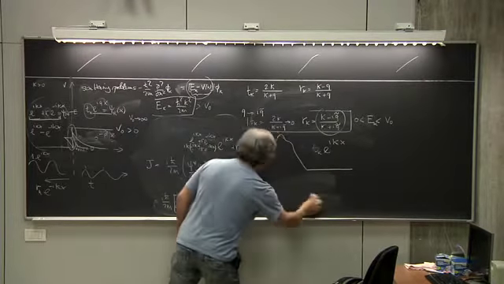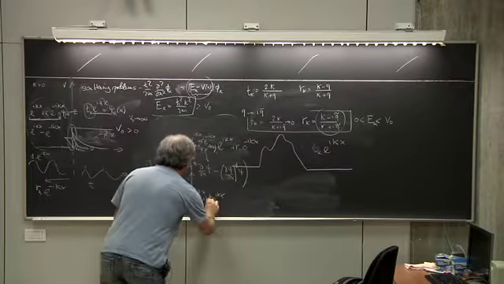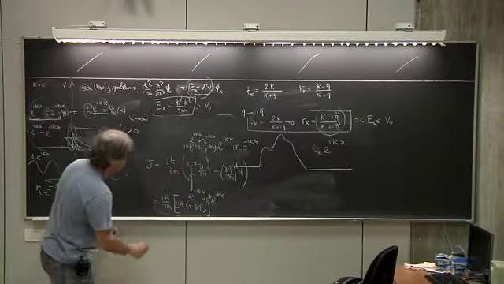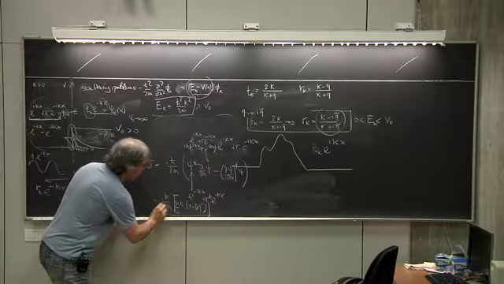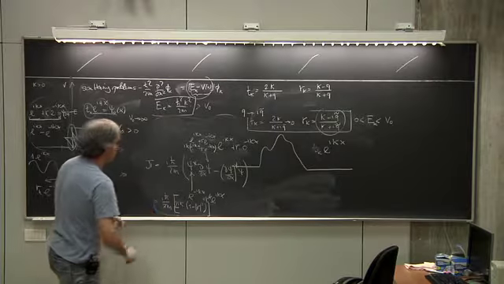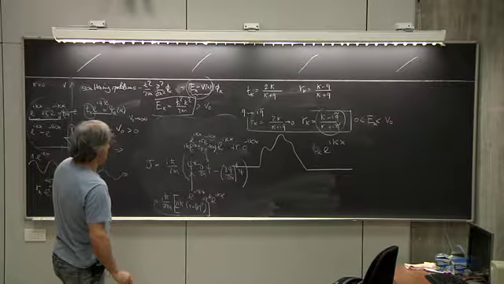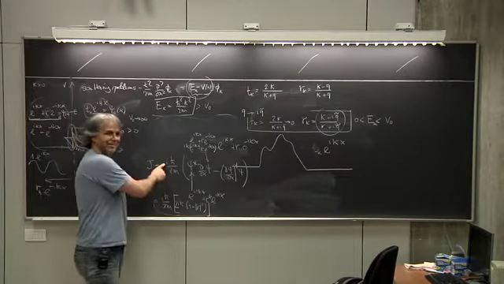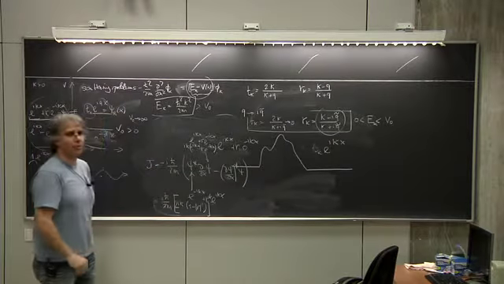So I erase these parts, and I just collect now. The 2 goes away, and i and i becomes a minus. This is the way to really check.